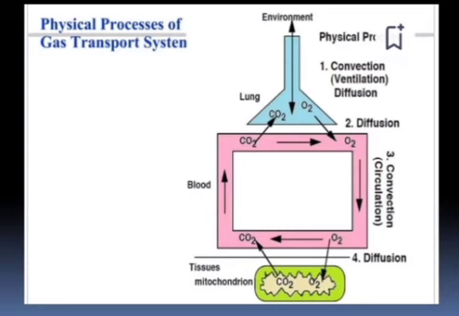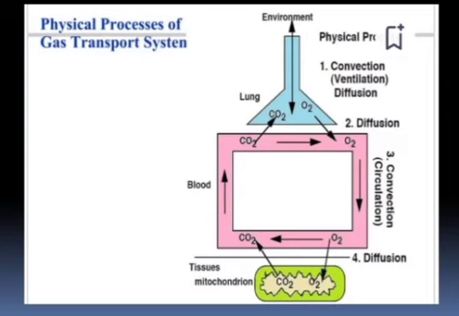So the square-like structure represents the blood. Then you see the greenish structure here, and that structure represents the body cells and tissues. It's written here.